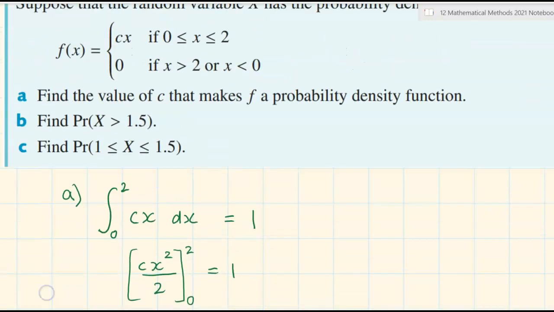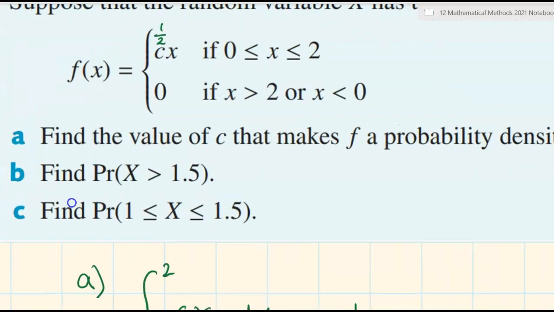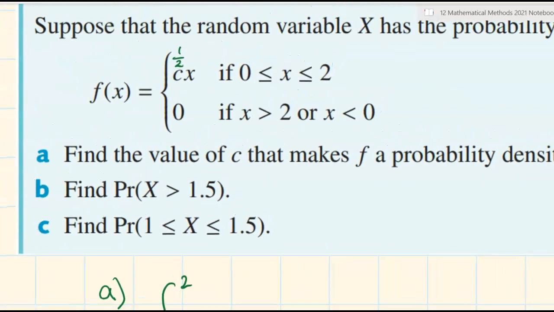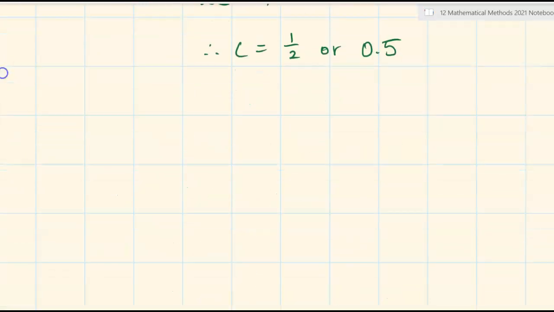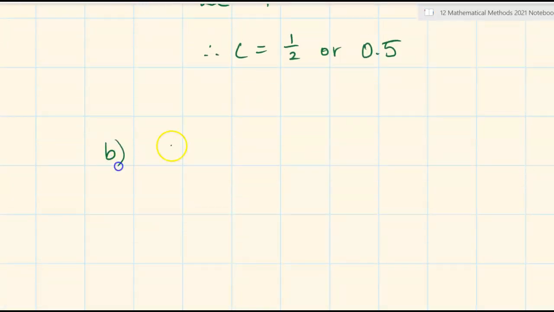Okay, so now we've got that c is a half. Can you please do B and C for me? You can use a calculator. B and C, off you go. All right, so for B, we're going to integrate from the lower bound 1.5 up to the upper bound of 2. 1.5 to 2 of the function 1/2 x dx.